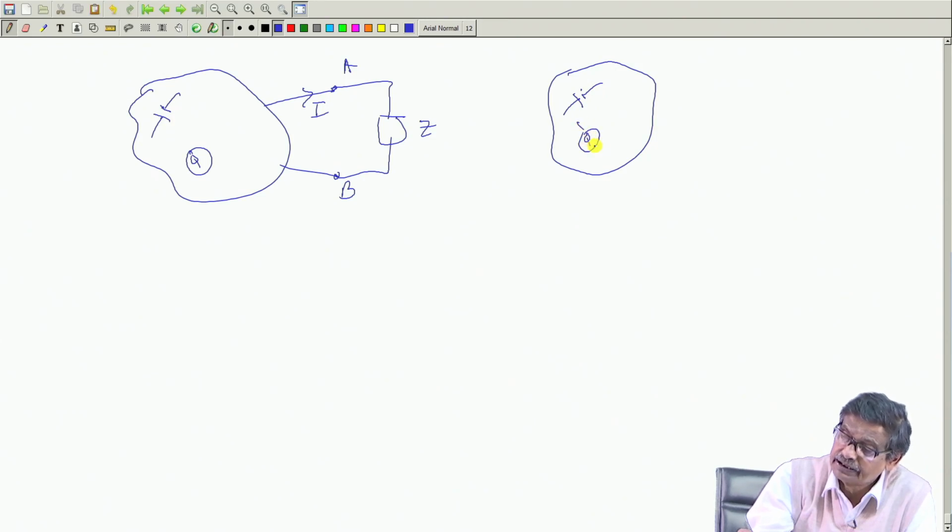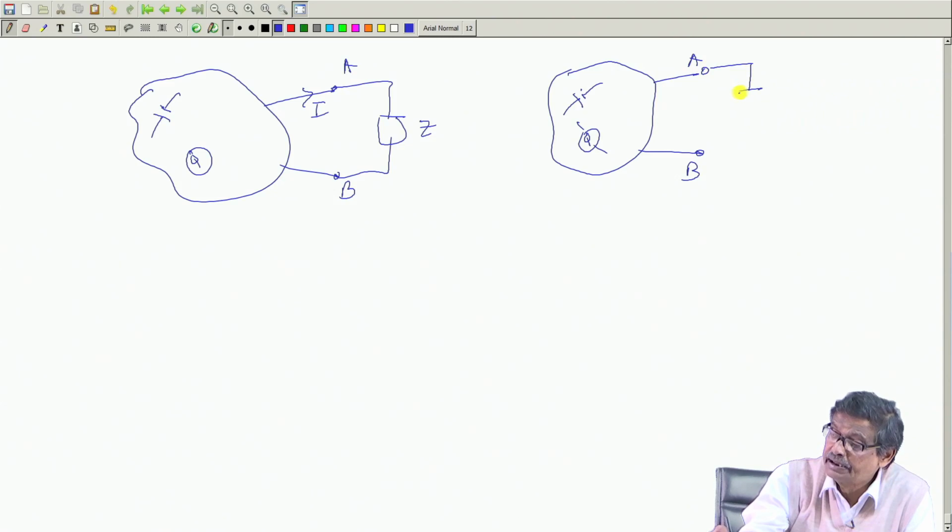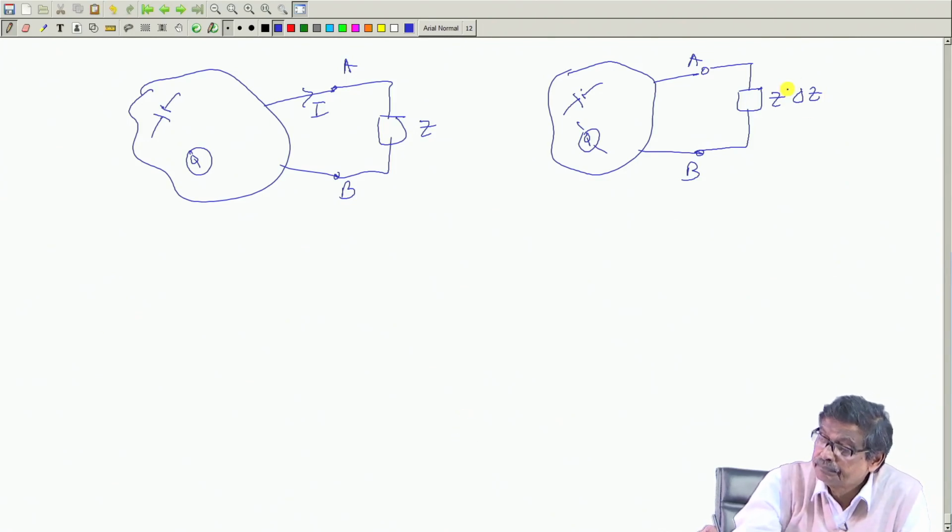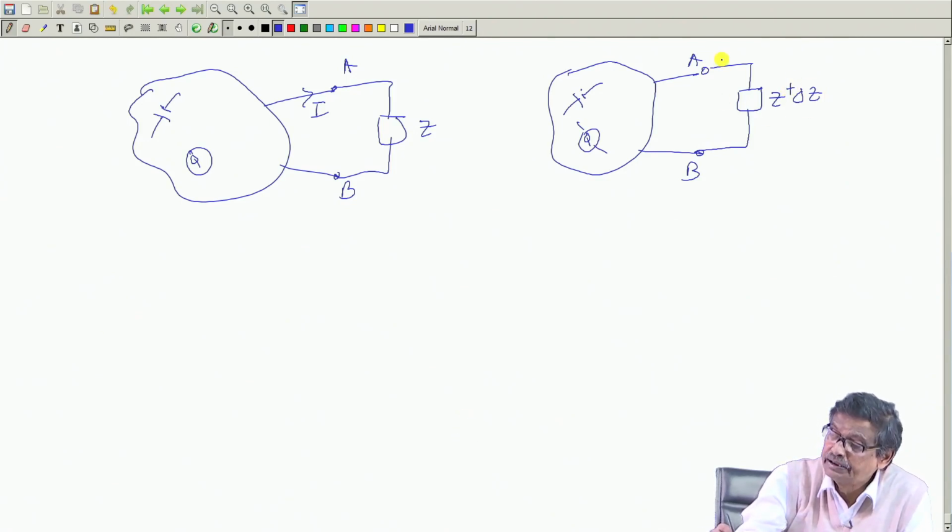All the sources, internal sources are present. These are A B, these are A B, and I will change this impedance to Z plus delta Z. And I am interested to know what is this new current.